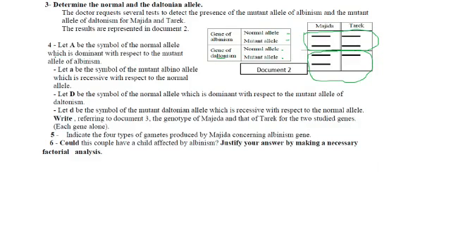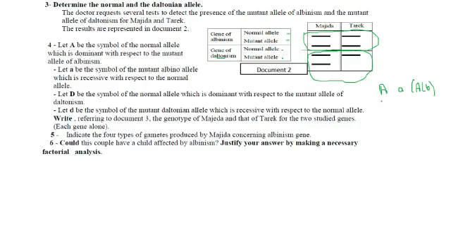Let A be the symbol of the normal allele, which is dominant with respect to the mutant allele of albinism. So A is normal and small a is the disease related to the albinism anomaly.